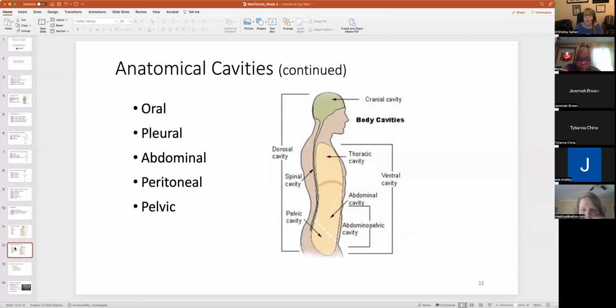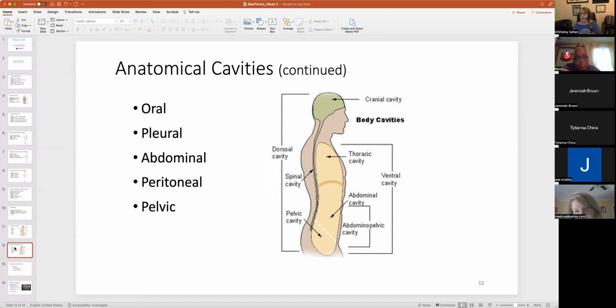Okay, some more holes in your body, spaces, your oral cavity, which is where you don't want to have dental cavities. That's a big space. Okay, your pleural cavity, pleural referring to your lungs. Your lungs are inside the pleural cavity that is within the larger thoracic cavity.